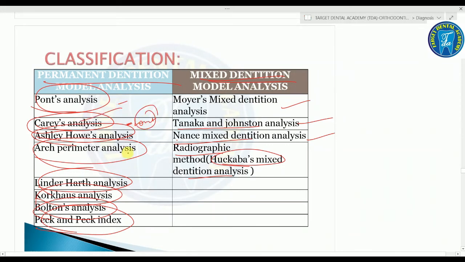Ashley-Howe and arch perimeter analysis is when you perform it on the upper arch. And the fifth one is Bolton's analysis. So these are the 5 analyses we usually do in the permanent dentition. In case of the mixed dentition, we usually prefer Moyers and Tanaka-Johnson.